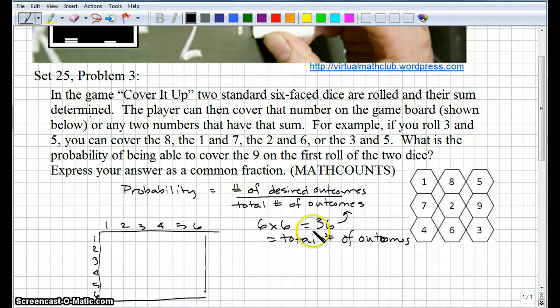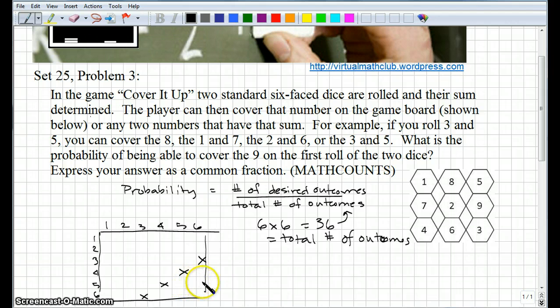Alright, so let's figure out how many of those rolls would enable us to cover the 9. Well, if we roll a 9, we can cover the 9, right? So let's just mark those out. If we roll a 6 and a 3, a 5 and a 4, a 4 and a 5, or a 3 and a 6, that would give us 9.